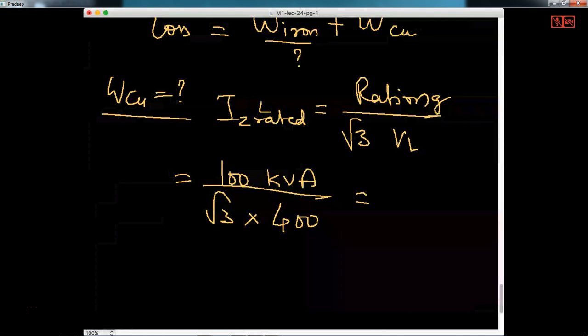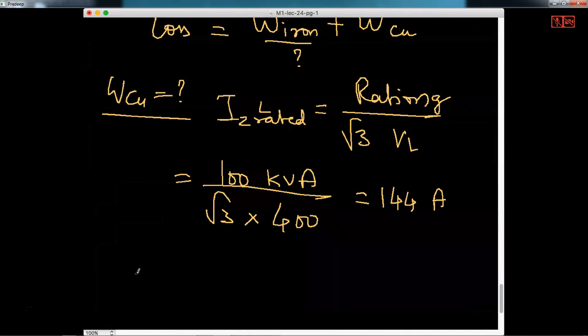So I now know the current, but still to find the copper losses, I need R02. So R02 is nothing but R2 plus K square into R1.